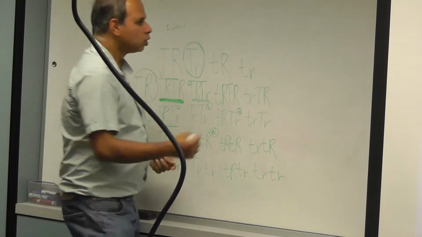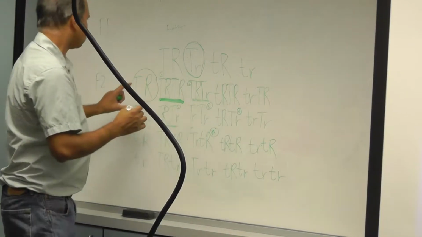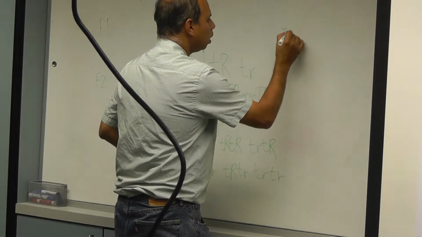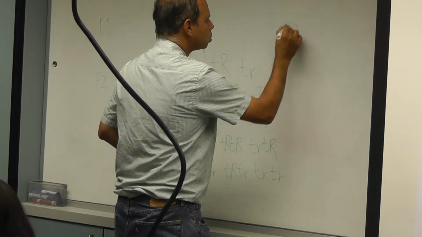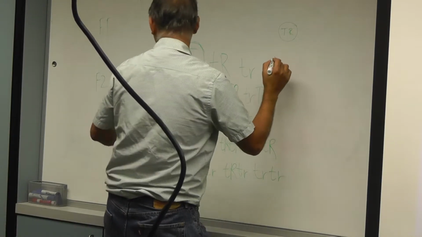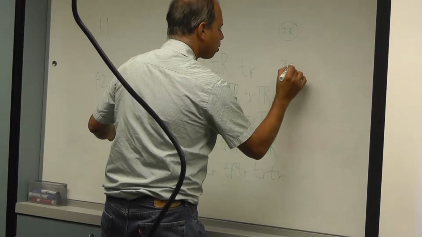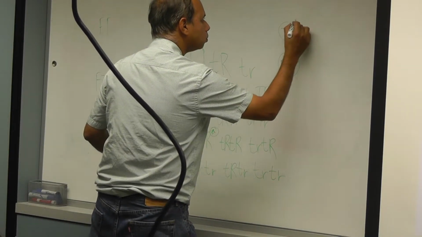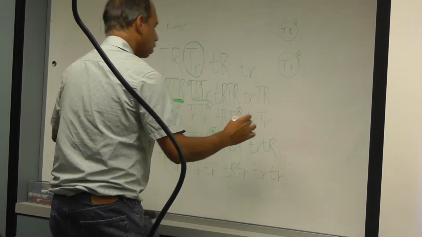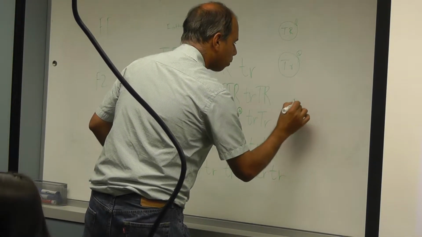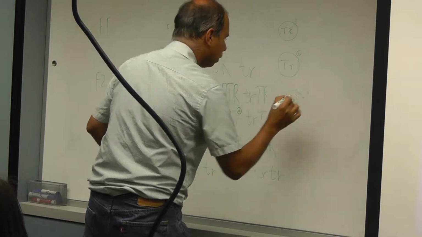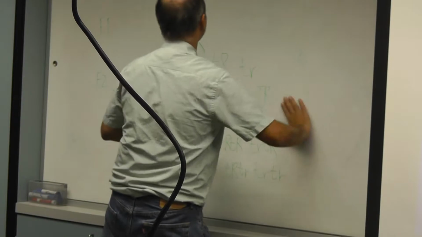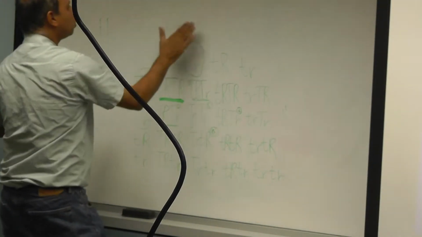So you have TR, this is 1, you have TR, this is number 2, then you have TR, this is number 3. Actually, you shouldn't go that way. Let's start with this.